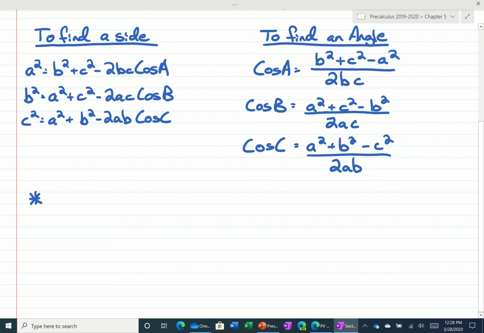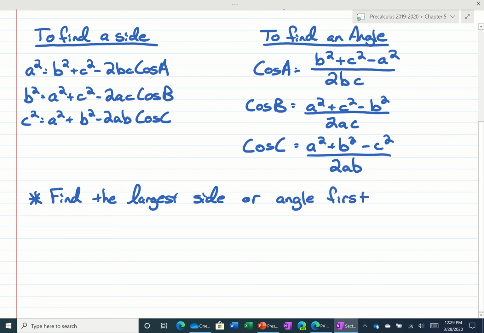So the way that we make this work is we always try to find the largest side or angle first. And that's just a tip.